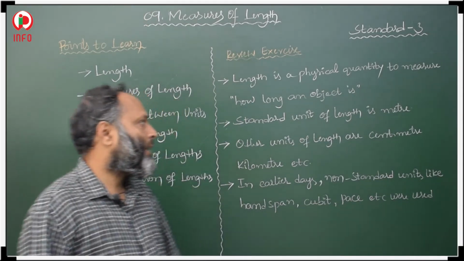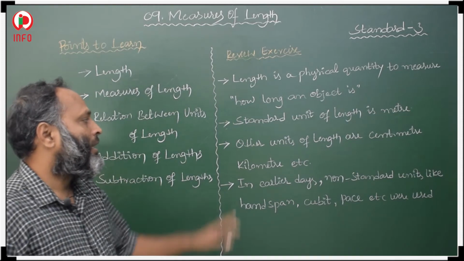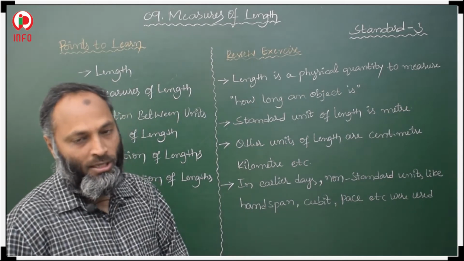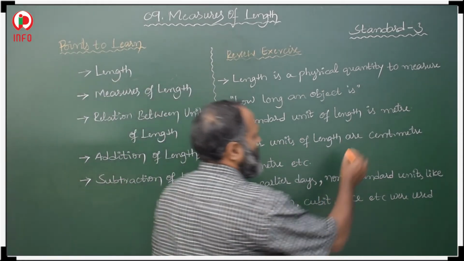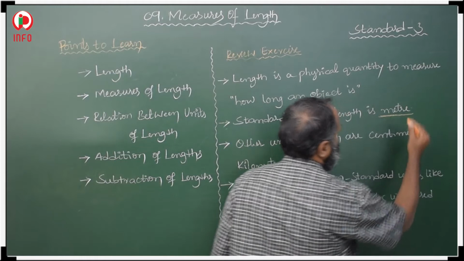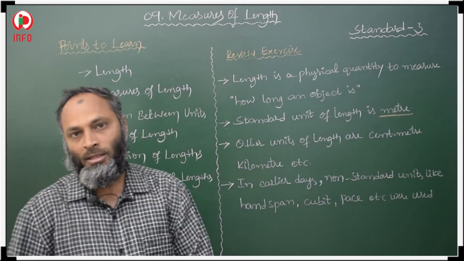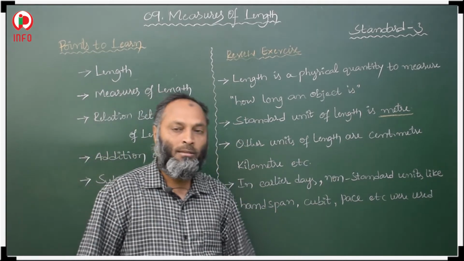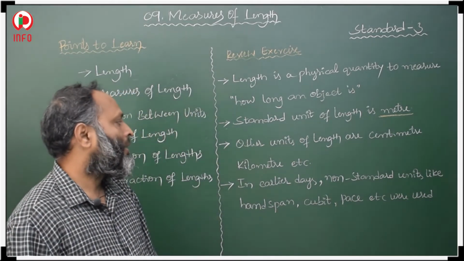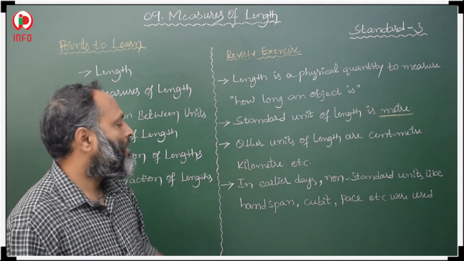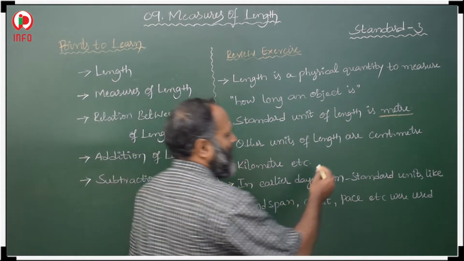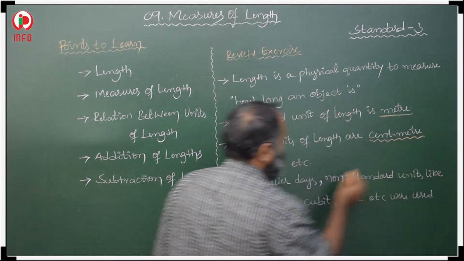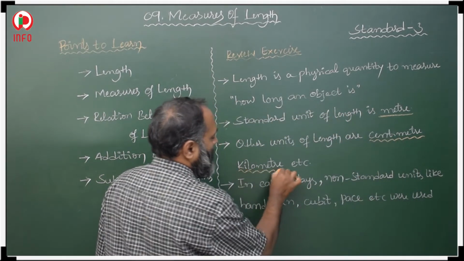Next, second: the standard unit of length is the meter. Actually, what are the standard units of length? The meter is the standard unit to measure length. Other units of length are centimeters and kilometers.